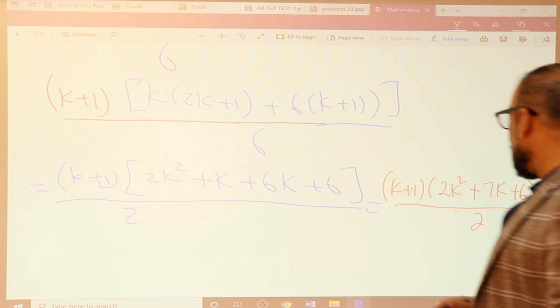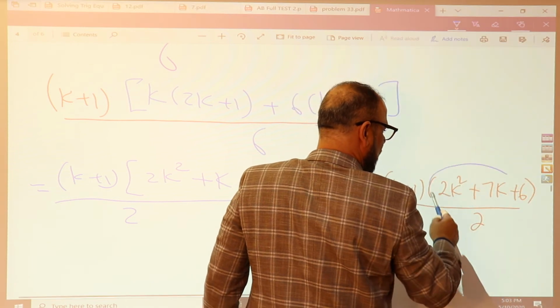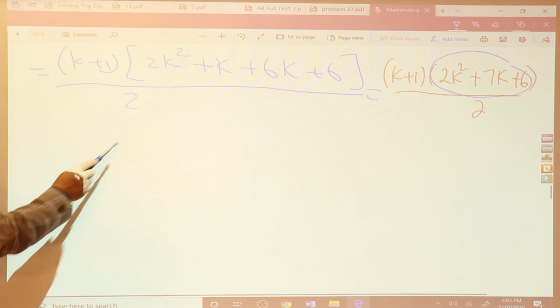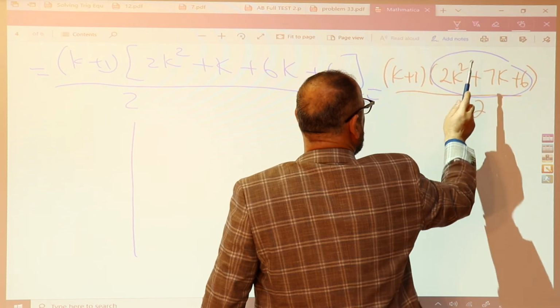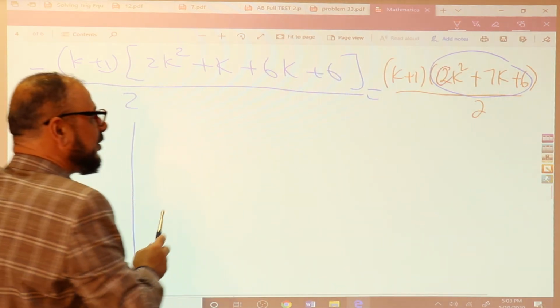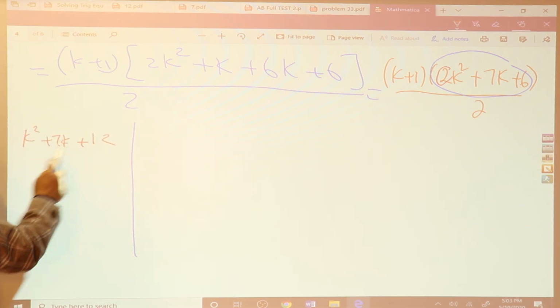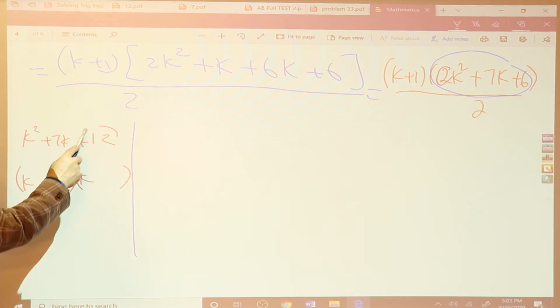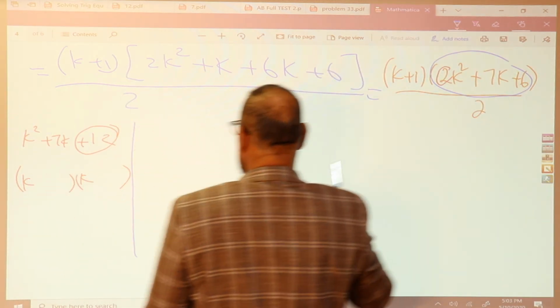Good. Now what we have to do is factor this. 2k squared plus 7k plus 6, how do we factor it? I'm going to factor it on the side. You remember how we factor this? You multiply 2 and 6, which is 12, giving k squared plus 7k plus 12. Then two numbers multiplied to 12 and added to 7: 4 and 3.